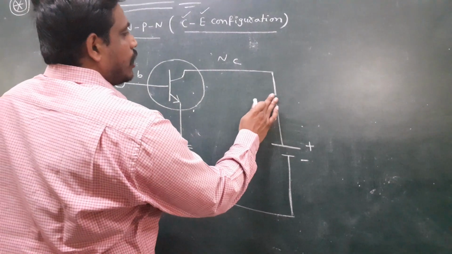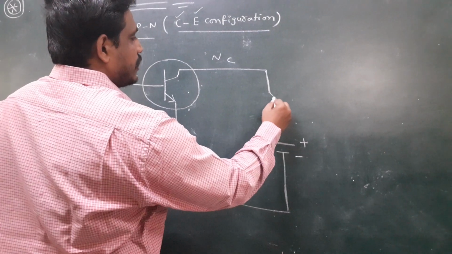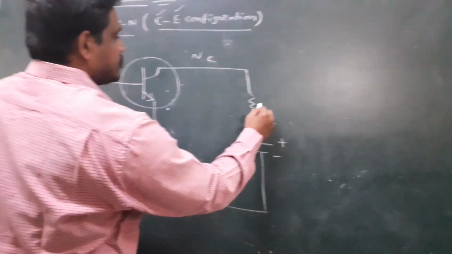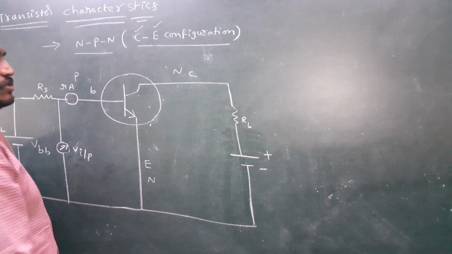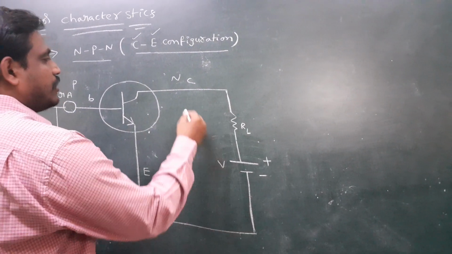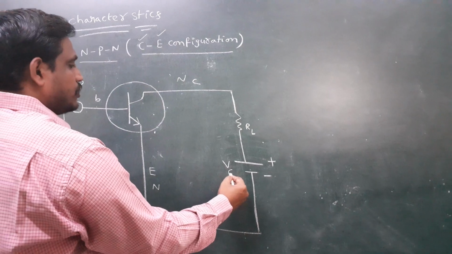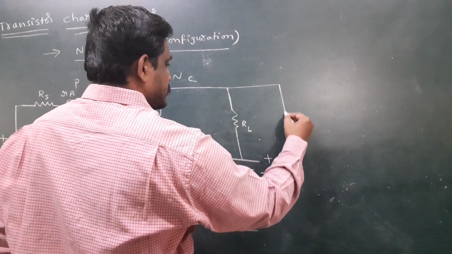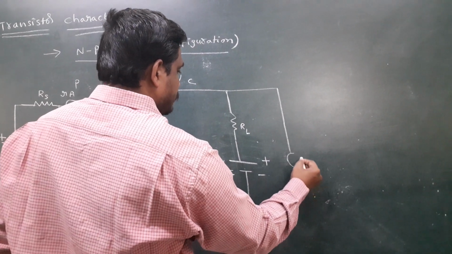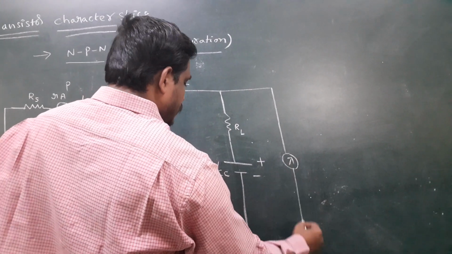Here the output is also measured by connecting the output resistor. Generally the output resistor is called the load resistor. This battery is connected to the collector, so that's why it is VCC. Here the output is measured using a voltmeter.